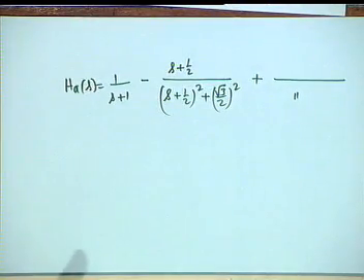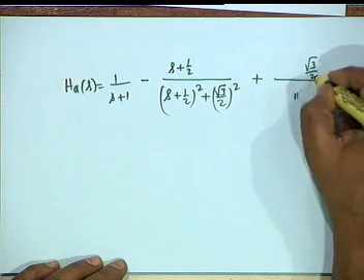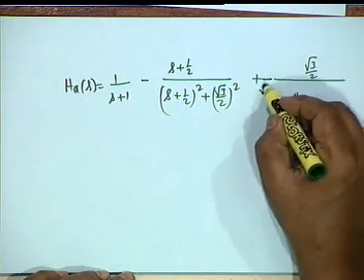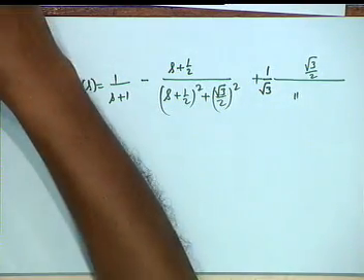I don't want half, I want root 3 by 2. So, multiply by 1 by root 3. Agreed?